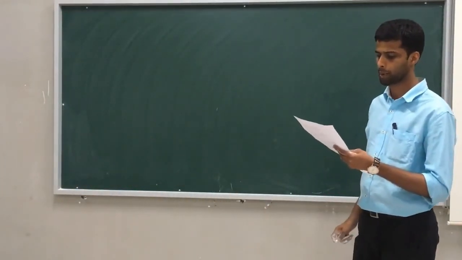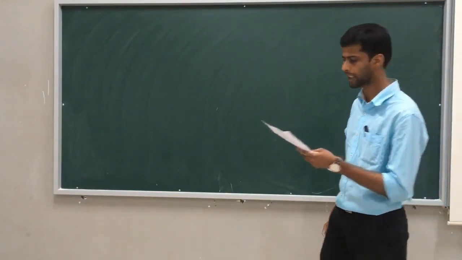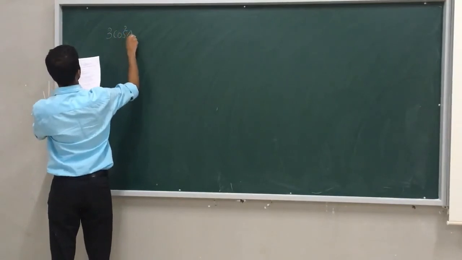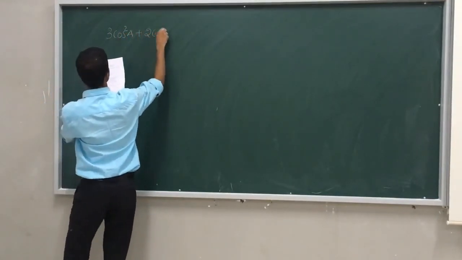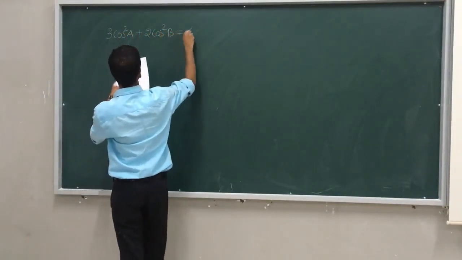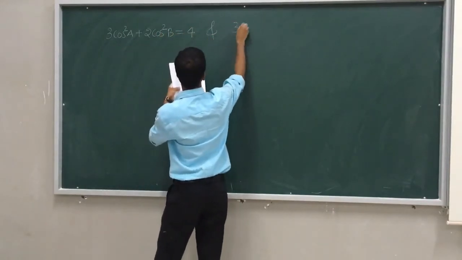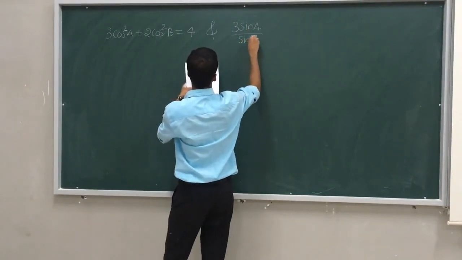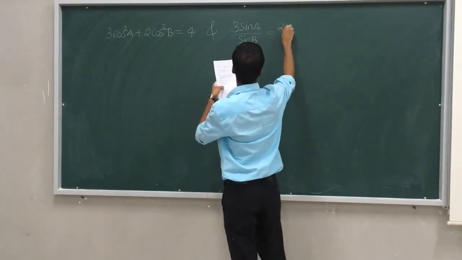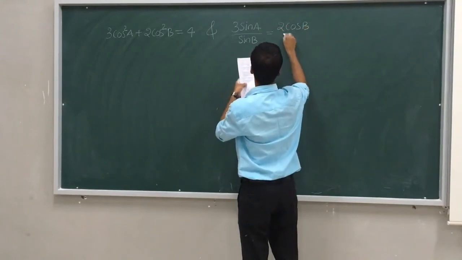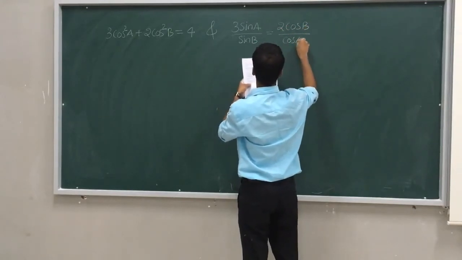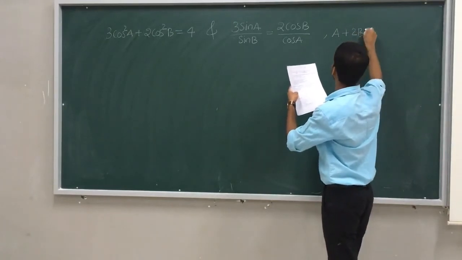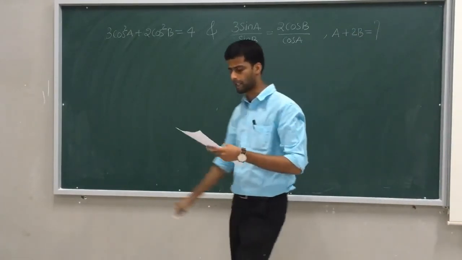If A and B are positive acute angles satisfying the equation 3 cos square A plus 2 cos square B equal to 4, and the expression 3 sin A upon sin B is equal to 2 cos B upon cos A, then what about A plus 2B?